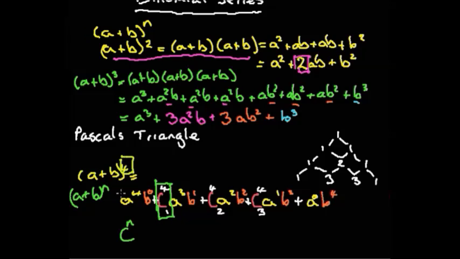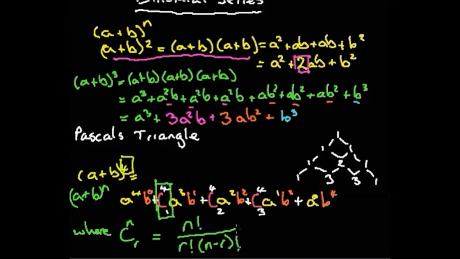In this case I've got a 4. So c to the n, and at the bottom it is whichever term that is, and the term is r. Where c to the n over r equals n factorial over r factorial times n minus r factorial.